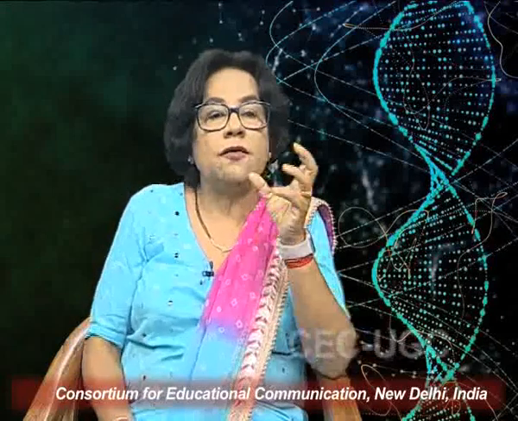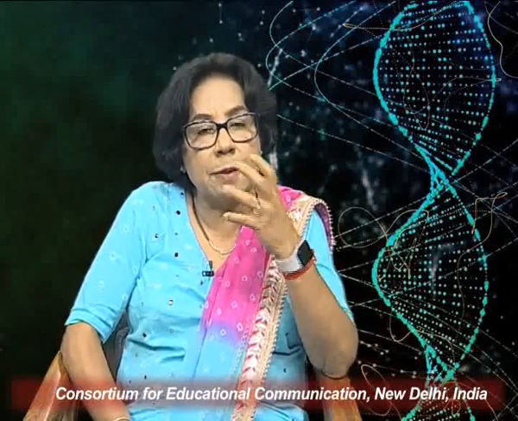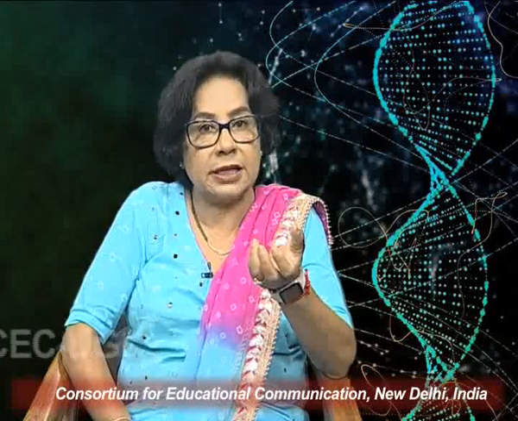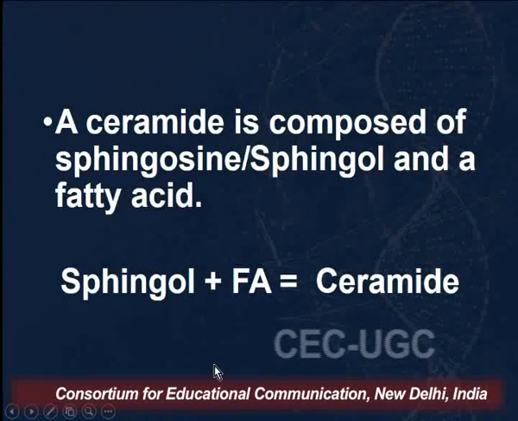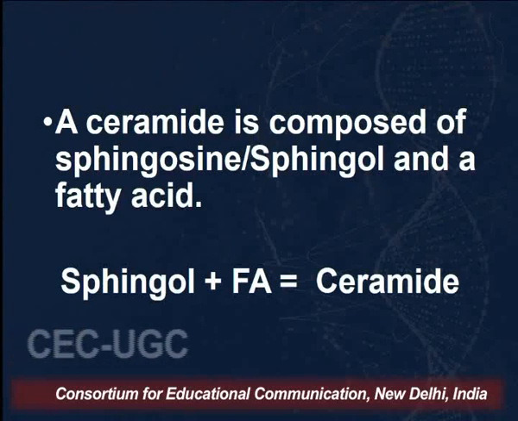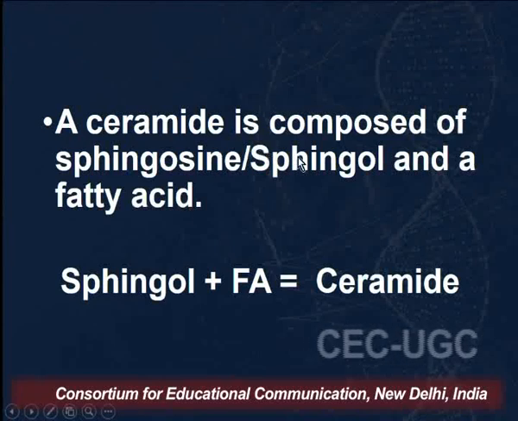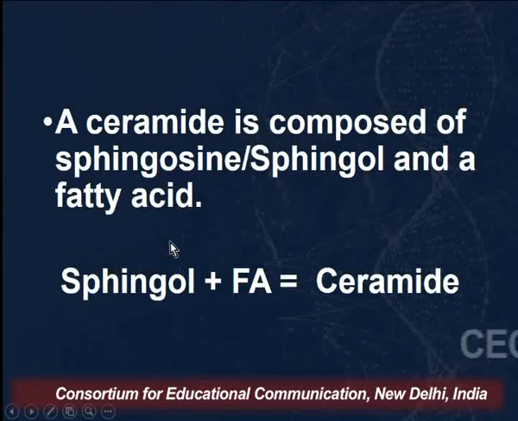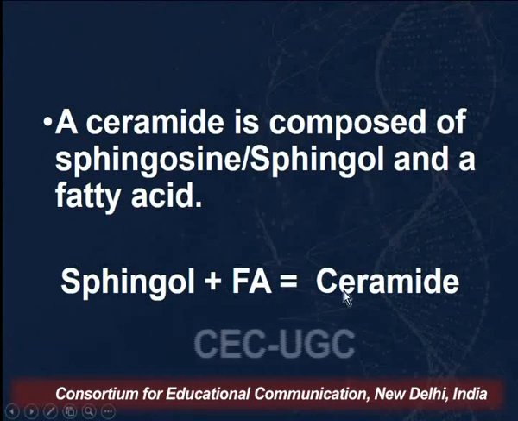So to briefly recall what a ceramide is, you have to remember that a ceramide is composed of sphingosine, or a sphingol, which we mean the same thing here, and a fatty acid. As you can see on your screens, we have a sphingol reacting with a fatty acid to form a ceramide.